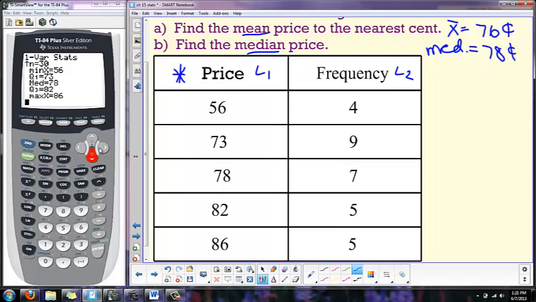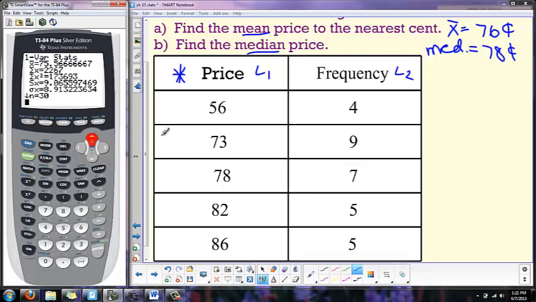Now here's a way that you can double check to make sure that you typed in everything correctly. If for some reason you forgot and you didn't do L1, L2, this N right here would only say 5, because if it was only looking in list 1, you would only have 5 data points to be looking at.